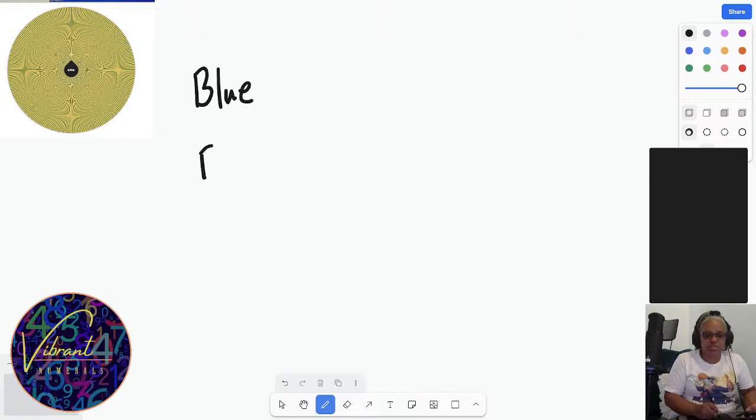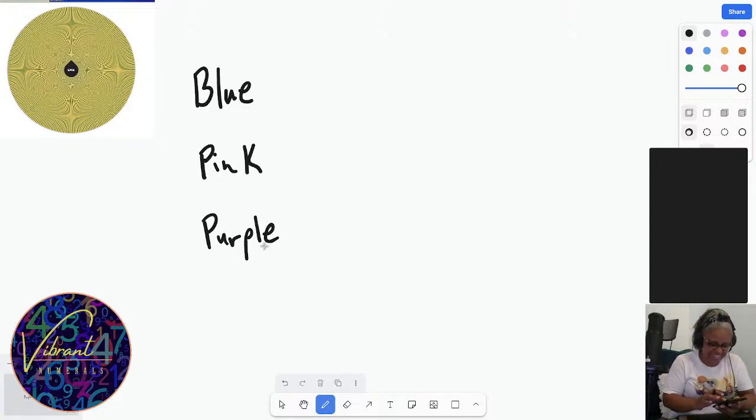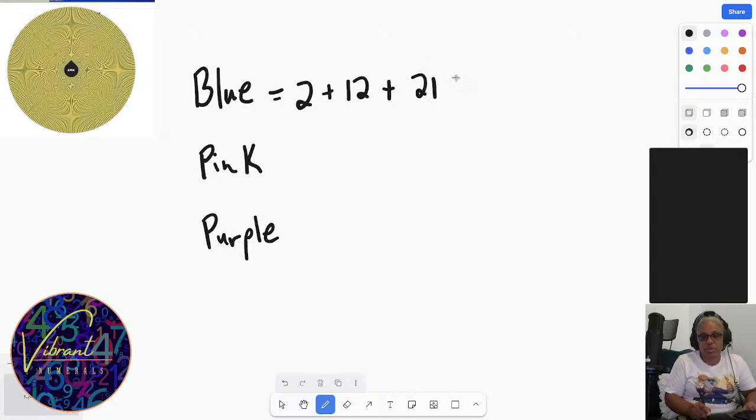So what we do, I don't know why I didn't put any of these in the actual color, but whatever. What we do is we actually will just do the letters. So for blue, it's 2 plus 12 plus 21 plus 5, which I think adds up to 40.